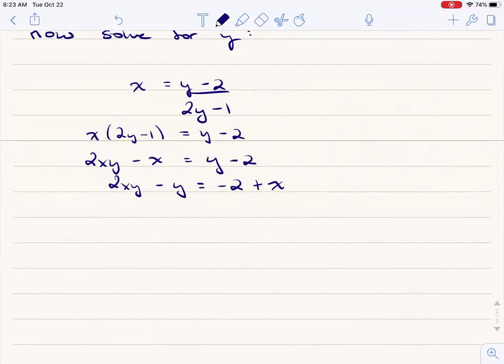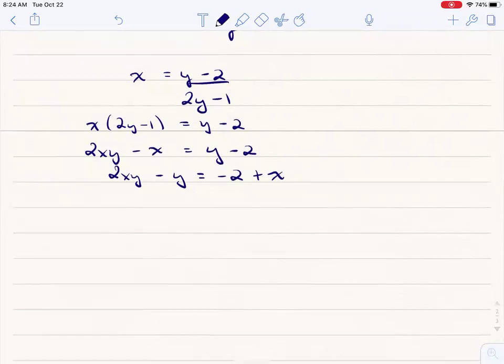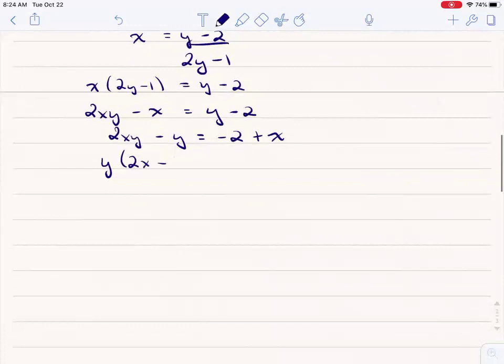Now, I've got this common y that I can factor out. That's a good thing because then I can divide both sides by 2x minus 1. So I can rewrite this as y times 2x minus 1 is minus 2 plus x, just factoring out that common y.